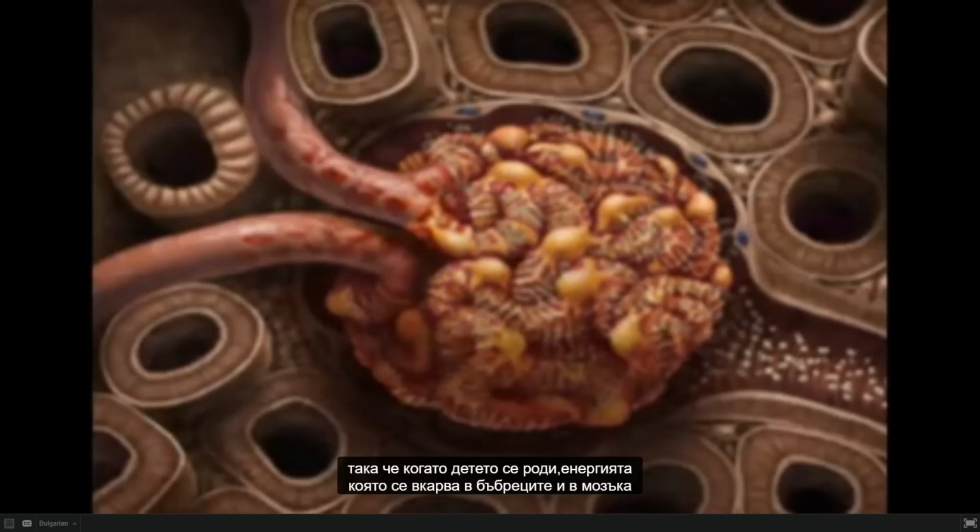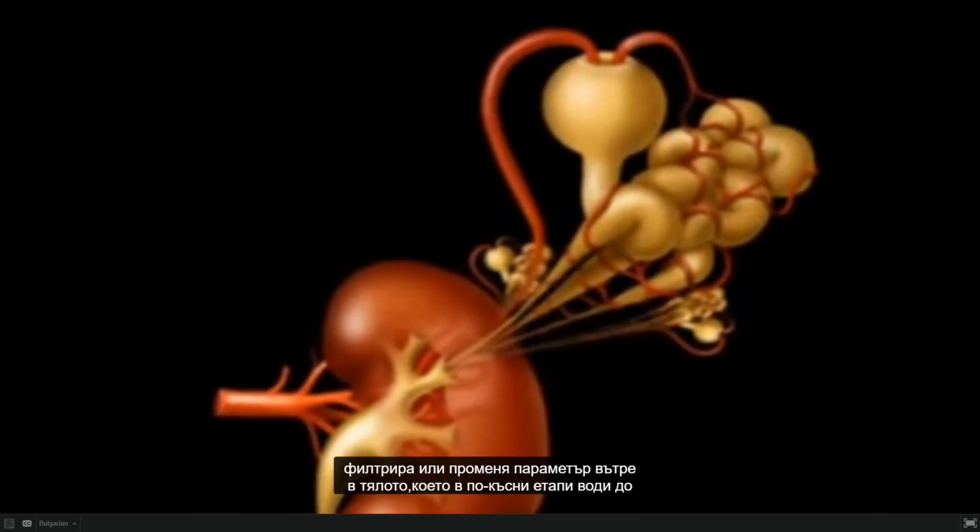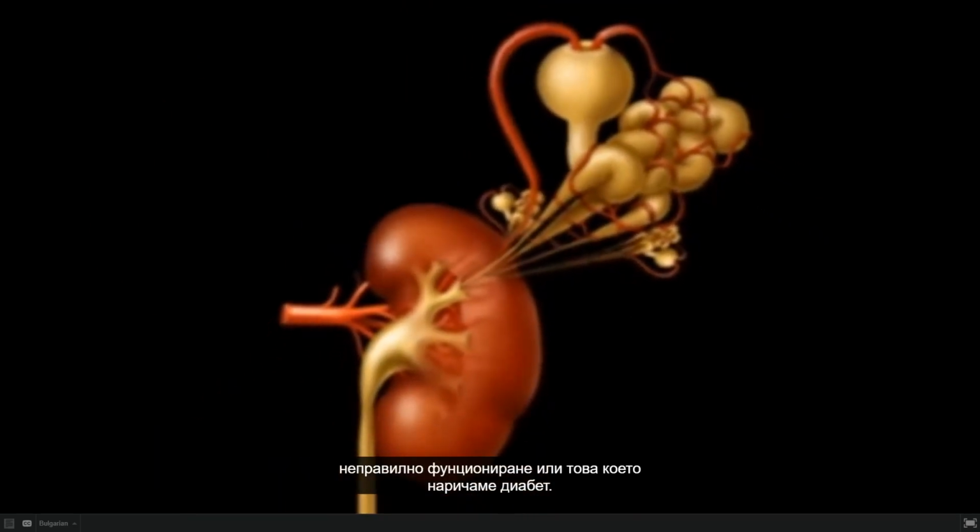So when the child is born, the energy which is put into the kidneys and into the brain filters or changes a parameter inside the body, which leads in the later stages to malfunctions, or what you call a diabetic.